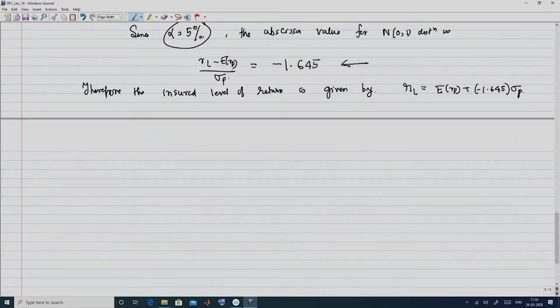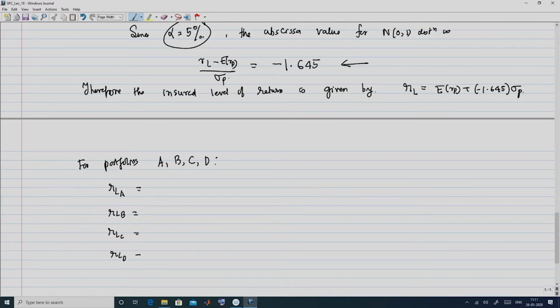All right. So, now for portfolios A, B, C and D, what do we have? We need to calculate RLA, RLB, RLC and RLD.